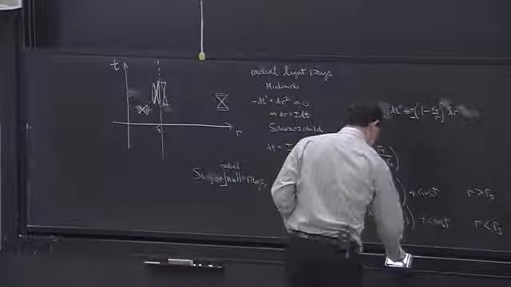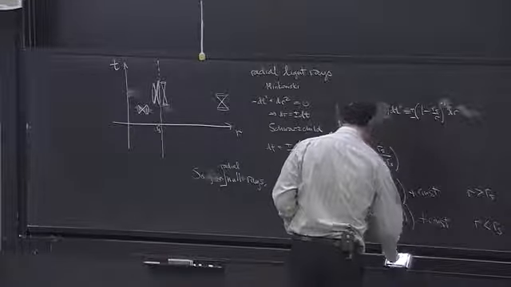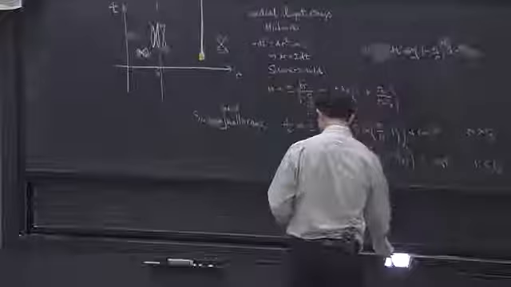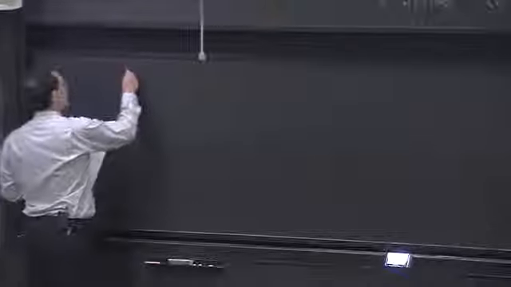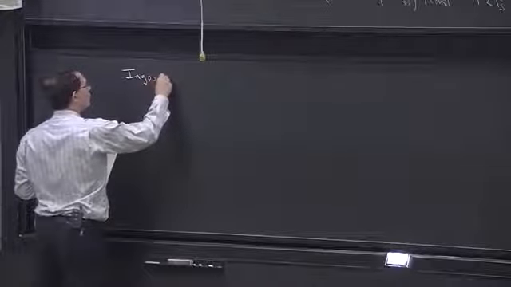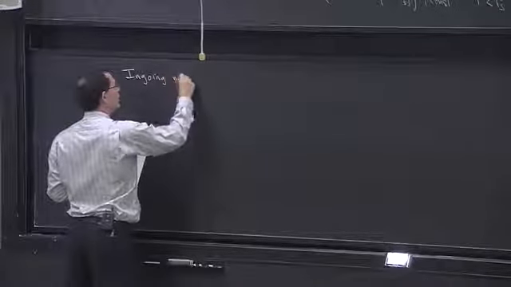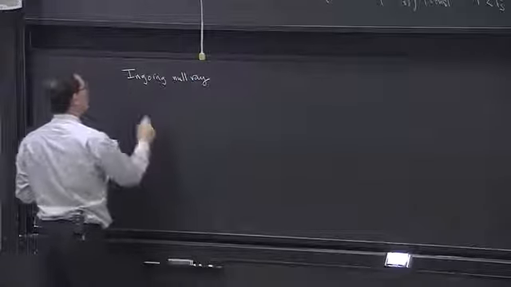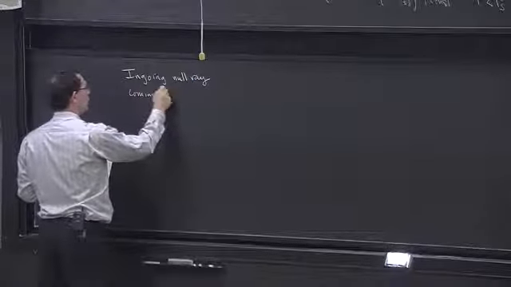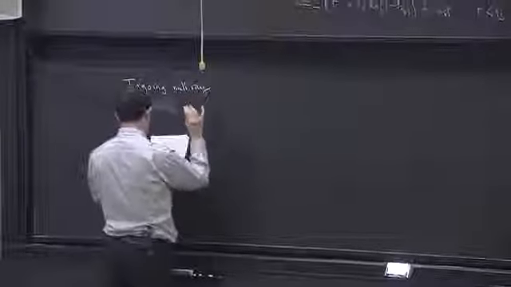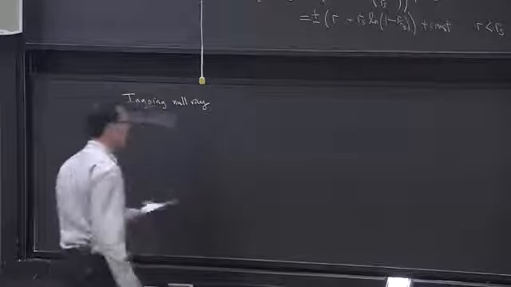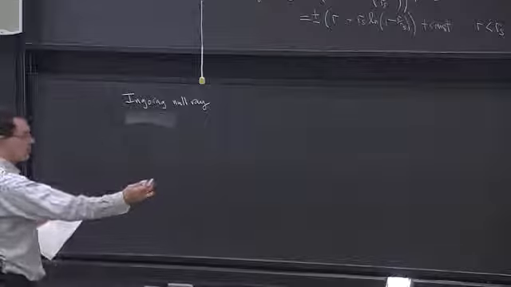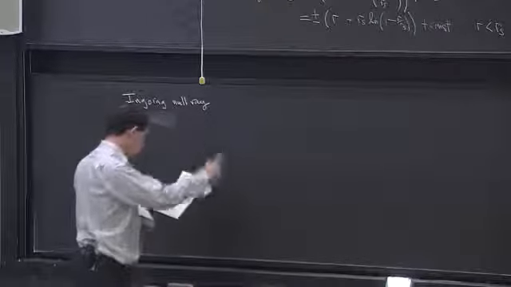So let's focus on an ingoing null ray. What I mean by that is a null ray which comes from outside the black hole and falls into the black hole.